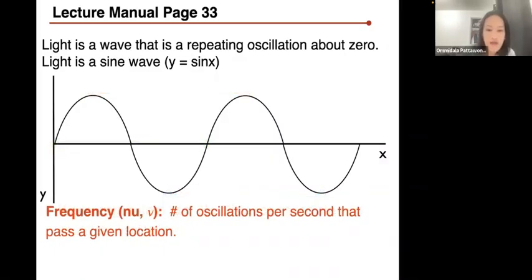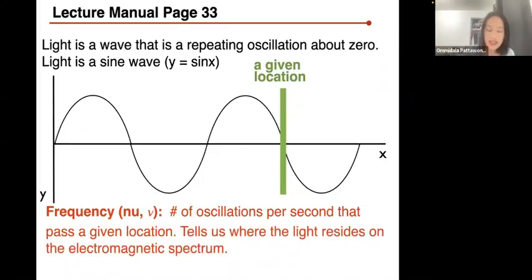Frequency is the number of oscillations per second that pass a given location, and we are going to use the symbol nu, which looks like a v, to represent frequency. For example, given a location, how many oscillations pass through this location per second is how we define frequency.